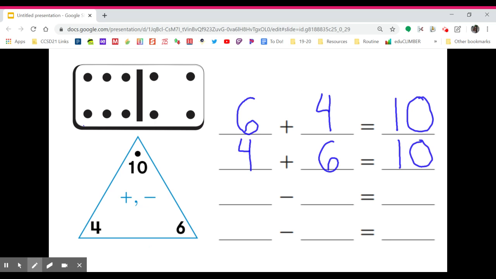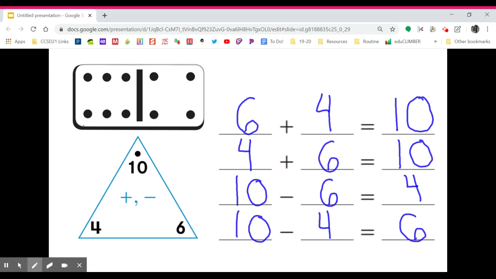If you recall from yesterday, we discussed that there are 2 subtraction facts that we can write for each fact family. They must start with the largest number, and then we subtract the number of dots on one side. We're left with the number of dots on the other side, and vice versa.